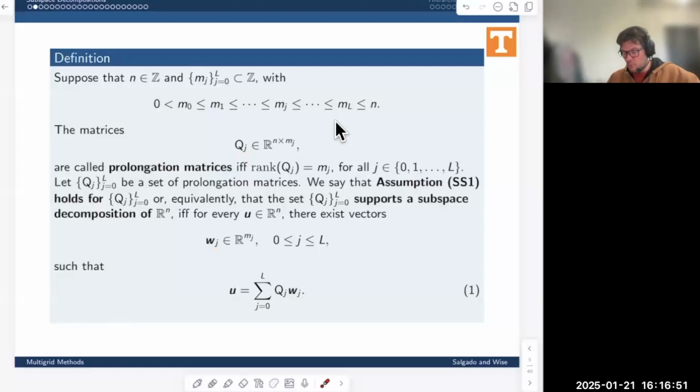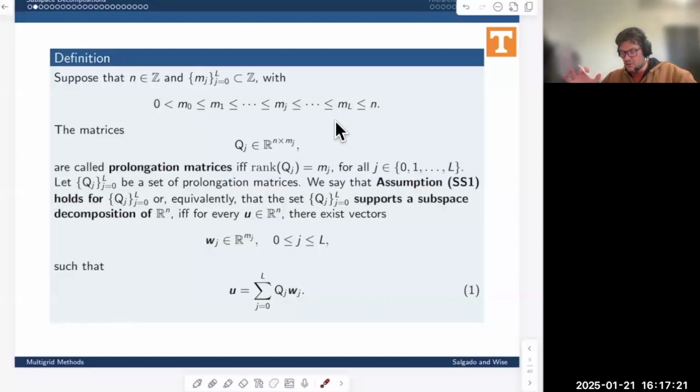Basically, you can think about it as padding with zeros those areas where it doesn't have information, since wj isn't quite as big as u. I'll show you a very specific example of what I mean in a second. So we're expanding these short vectors, and then we're going to add them all together. And if we can add them all together and always get u, then we say that assumption SS1 holds.